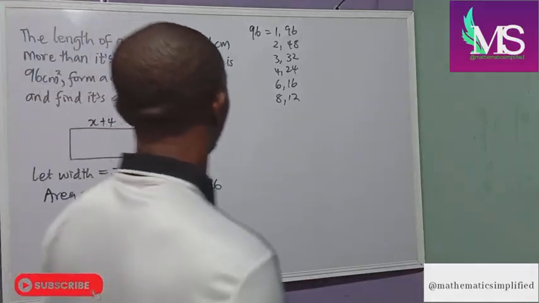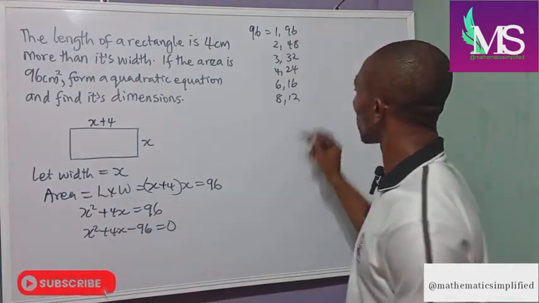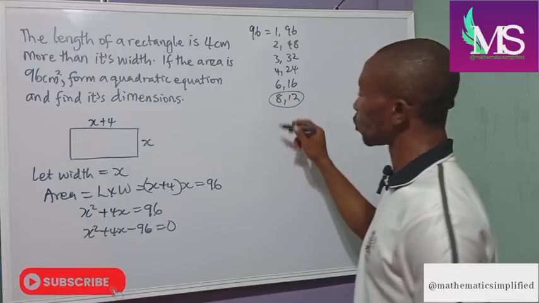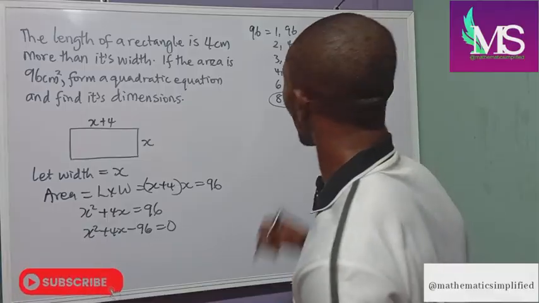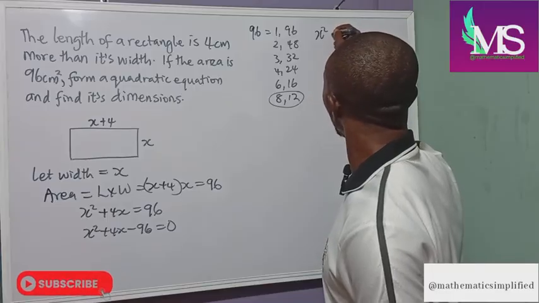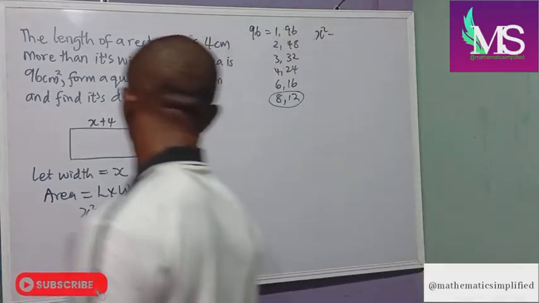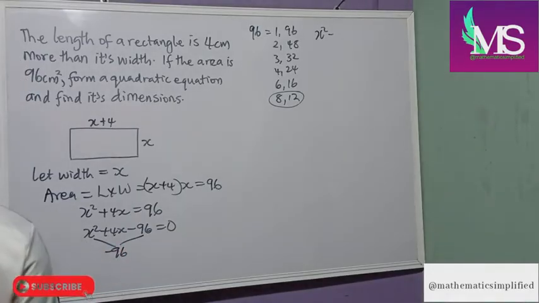Now, in all of this, which of these factors can we get 4 from? You can see we can only get 4 from 8 and 12. 12 minus 8 will give us 4. So now, factorizing this, you can say x squared, minus 96, and this is a positive 4.